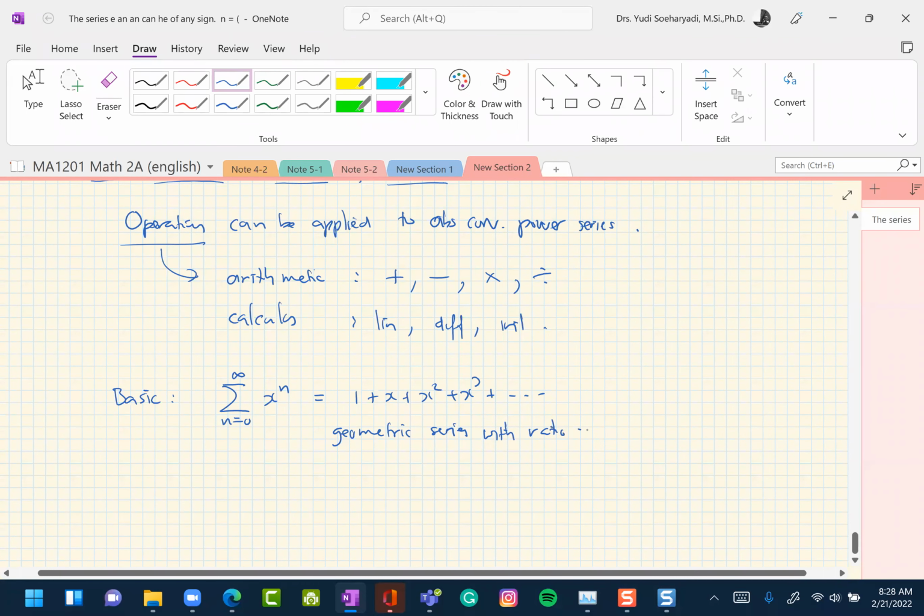Okay. So what should be the limit? Because the ratio is just x. So what's the limit? The limit of a geometric series.